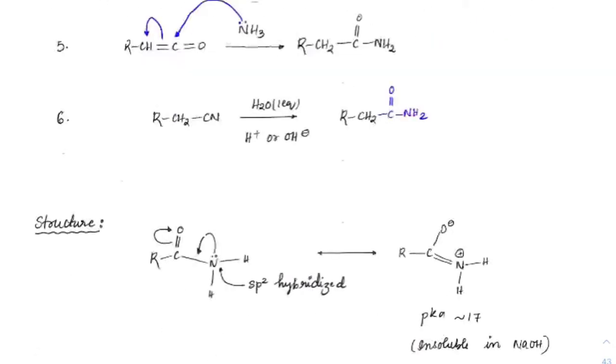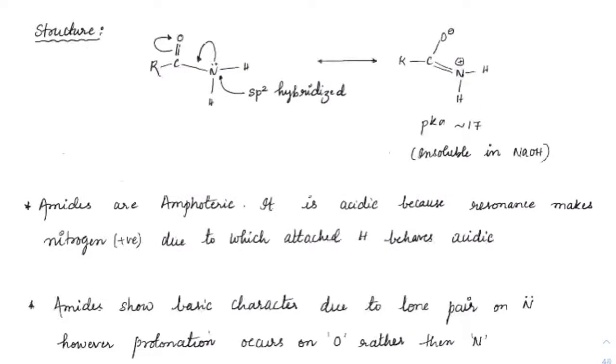Now, amides by structure. It has been observed that at the amine nitrogen it is always planar, which shows that nitrogen has an sp2 hybridized orbital here, which means this lone pair is not available most of the time. It is in resonance with the double bond O and would appear this way.